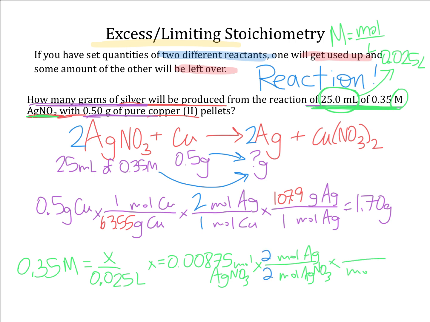And then moles Ag to grams Ag, 1 mole, and then the mass comes off the periodic table. That is again 107.9 grams of silver. So when I'm typing that in, I have 0.00875 times 2 divided by 2 times 107.9, which gives me 0.944.